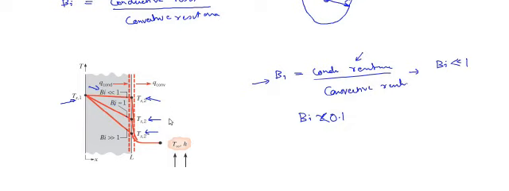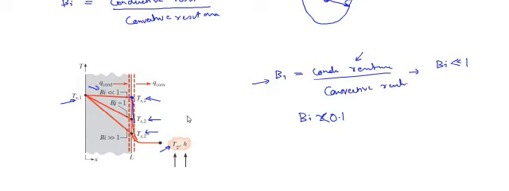Now the temperature of the surroundings is given as T infinity. You can see that from Ts2, the surface, there is a line coming down like this, and it will almost reach T infinity. It is going down till T infinity.